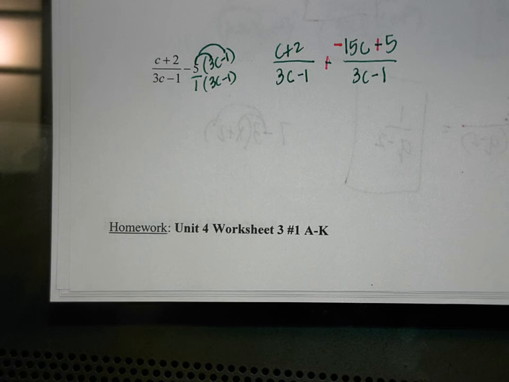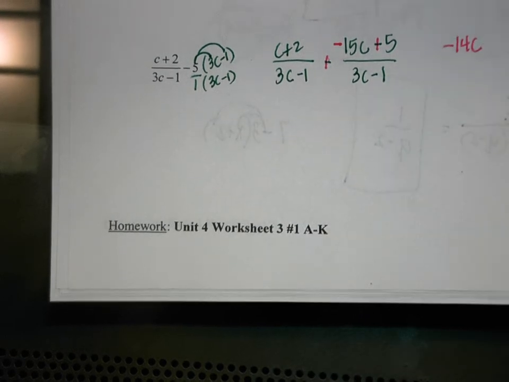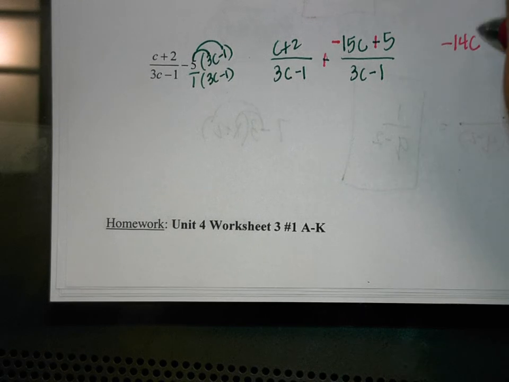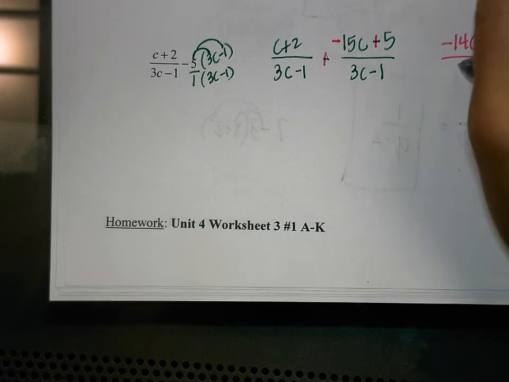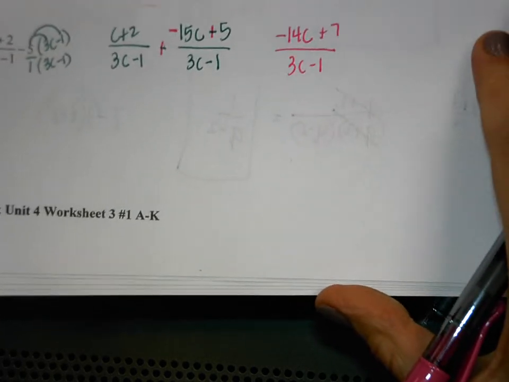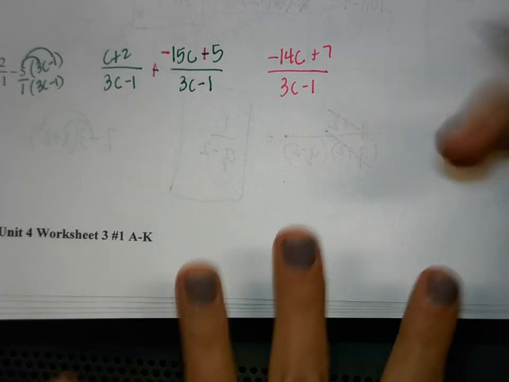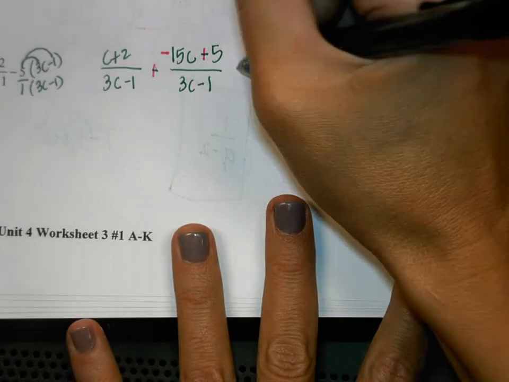So like terms, what's c and negative 15c? Negative 14c, good. And then 2 and 5 makes 7 over 3c minus 1. Is there anything I can factor in order to reduce? Good. We could factor out a 7, or even more specifically, we could factor out a negative 7.